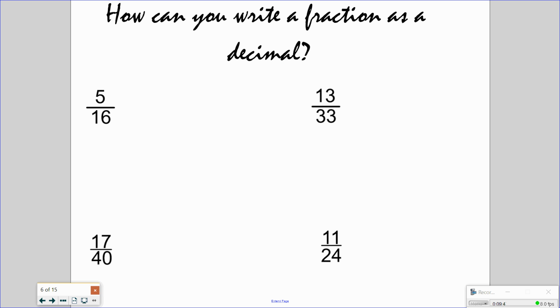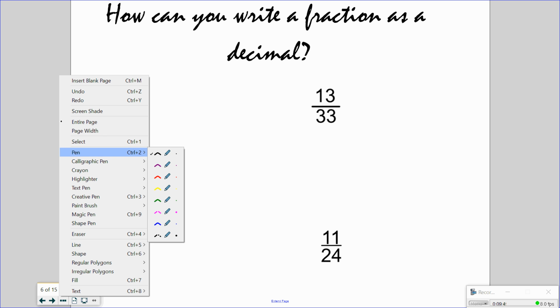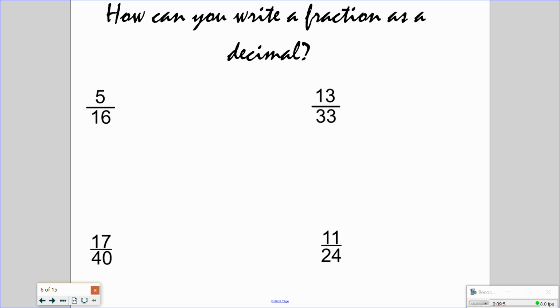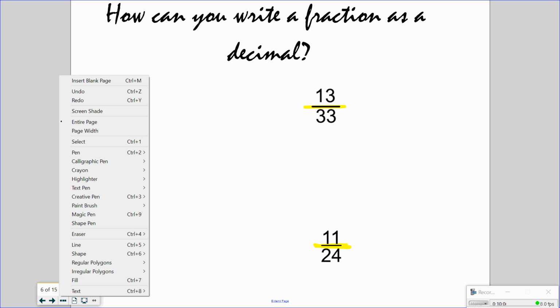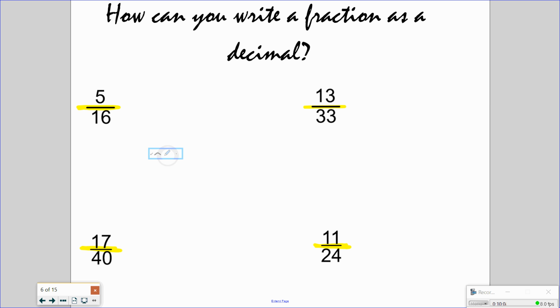Before we continue forward, always remember that this bar here represents division. So we are going to go ahead and convert these fractions into decimals.